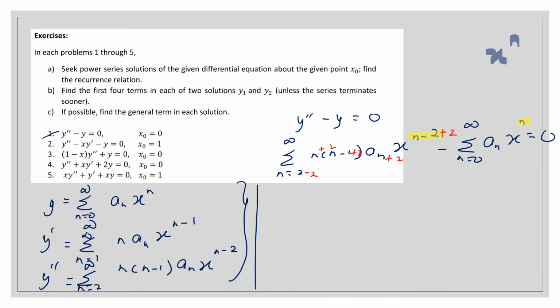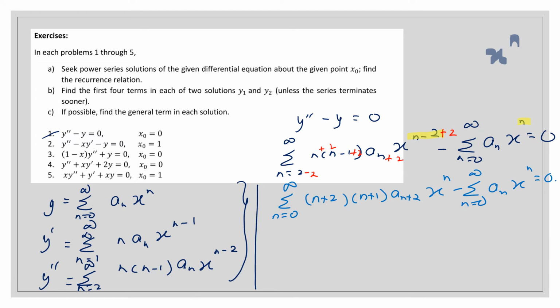Okay, so here we don't need to do anything because it's already x to the n. Okay, so we rewrite it. We have n going from 0, the summation of n plus 2, n plus 1, an plus 2, x to the n, minus the summation of an x to the n, equal to 0.